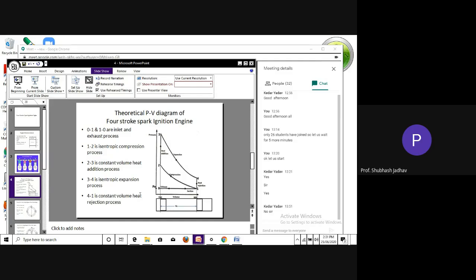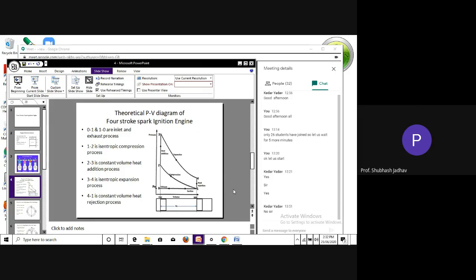And these are the extra lines, 0 to 1 and 1 to 0, which correspond to the inlet and exhaust process, that is suction and exhaust. So I hope everybody has understood the suction, the compression, the constant volume heat addition, the expansion, heat rejection, and exhaust process.